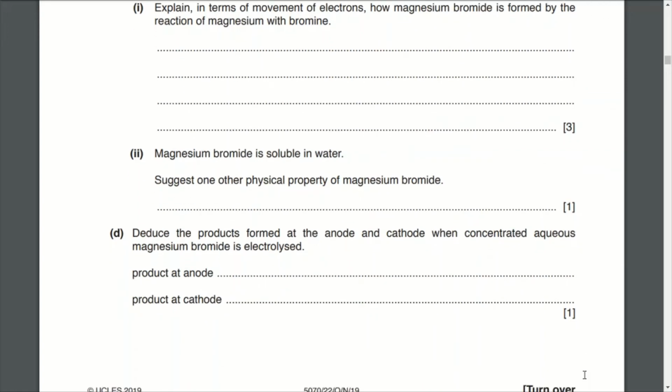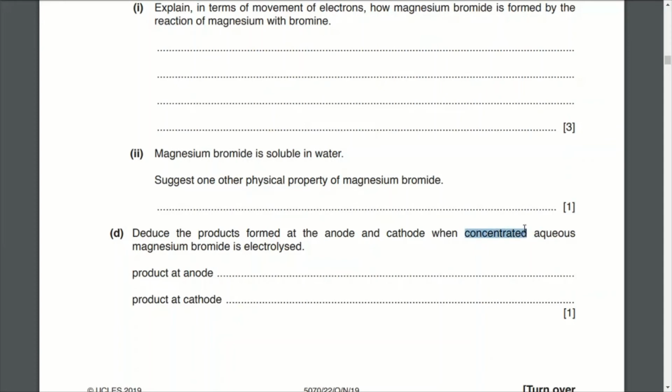Part D. Deduce the product formed at the anode and cathode when concentrated aqueous magnesium bromide is electrolyzed. Well, this question is related to electrolysis and the products at the anode and at the cathode. First of all, mark the word concentrated.